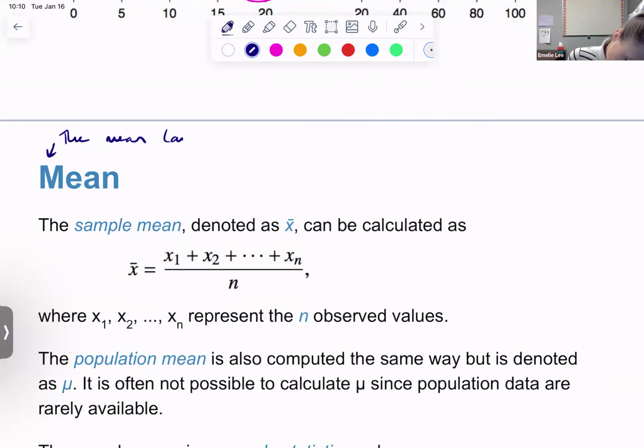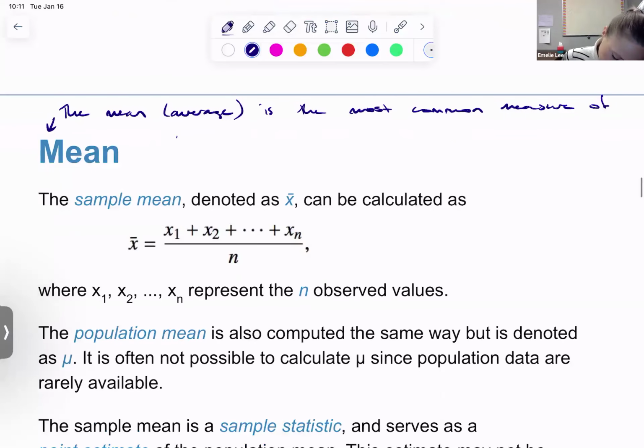So the mean, which is the average, is the most common measure of center for a unimodal symmetric distribution, right, which we started calling a normal distribution.